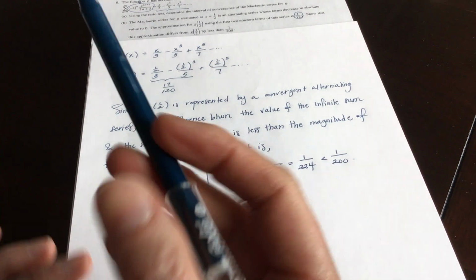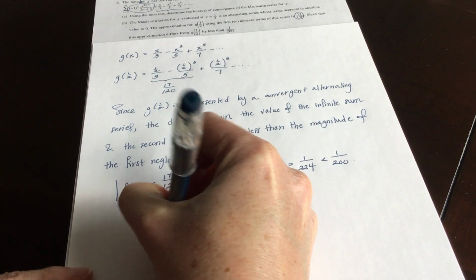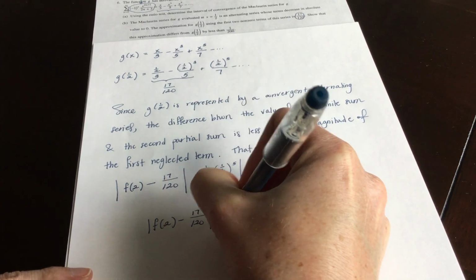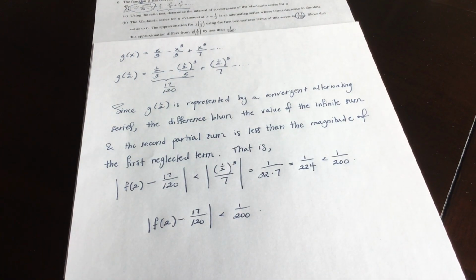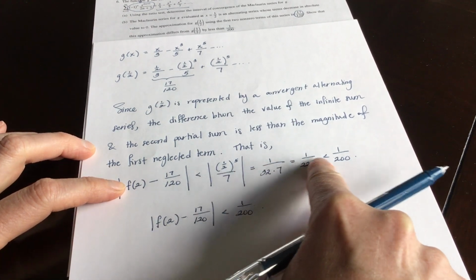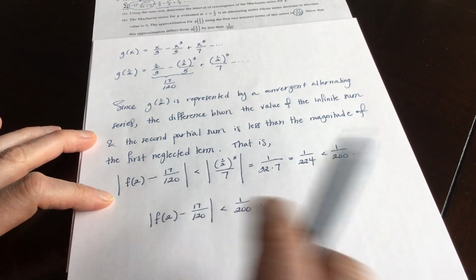And so we have this is less than 1 over 200. There we go. And that's what they wanted for that. You would not have to rewrite this. This kind of run on equality and inequality statement would totally do it for you.